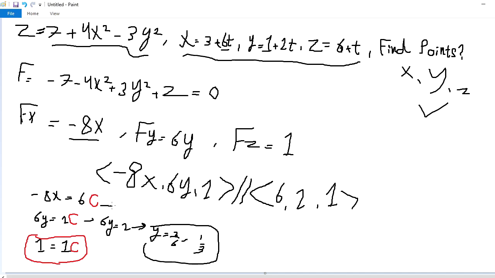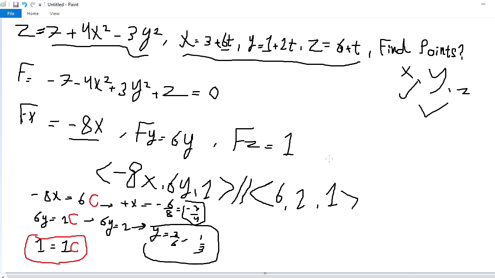Let's find x. Here, 6 times 1 is going to be 6. So without the negative, x is going to be negative 6 divided by 8. Then we can divide by 2. We will get negative 3/4. And this is the second point.